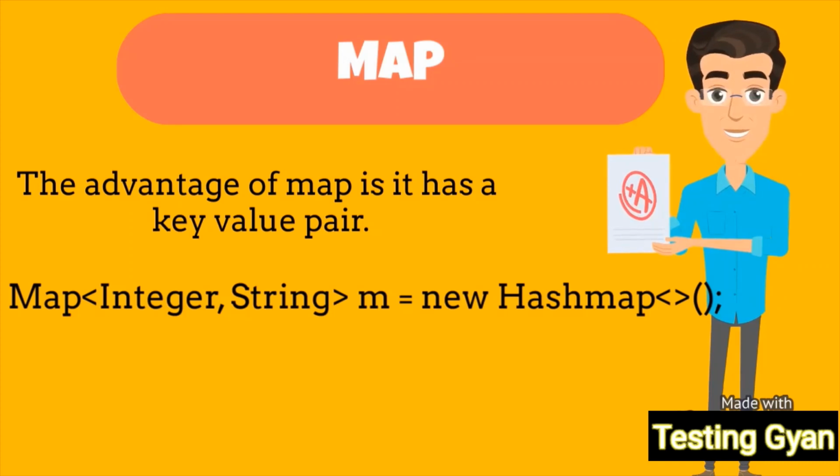Map and then triangular bracket, and first we'll define the type of key, which in this case I'm taking Integer, and then we'll define value, which in this case I'm taking String. So Map, bracket, Integer comma String, then name of my map which I'm taking m, and then new HashMap, triangular bracket open close and round bracket open close.